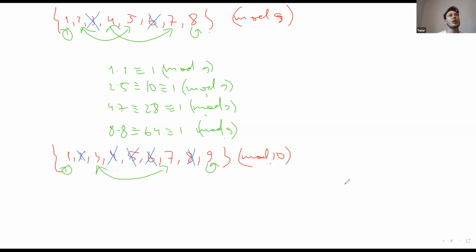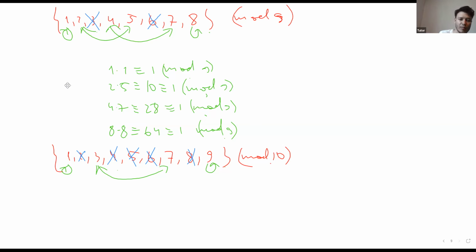So for example, maybe not mod 9, not mod 10, but how about mod 4? If we try mod 4, what would we get? 1, 2, 3. I guess that's too small, but maybe a bigger number. How about we try mod 15?